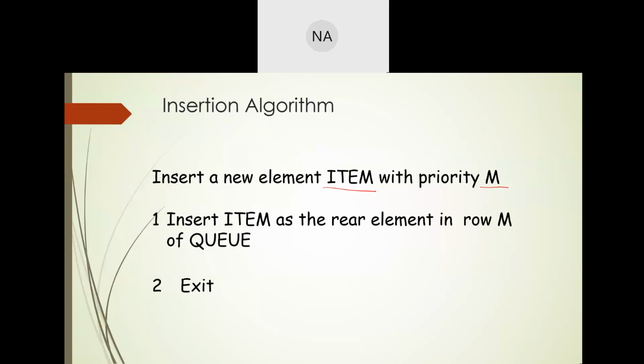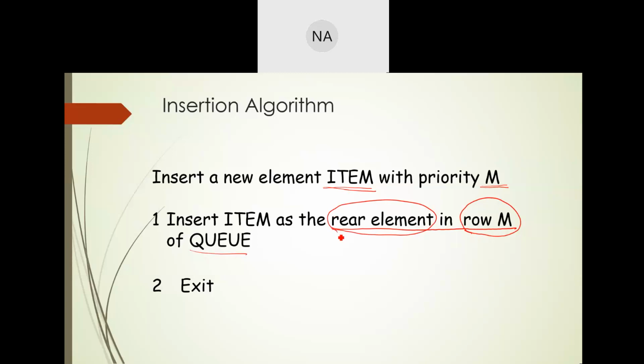So to insert a new element with value item and priority m, you insert that item as the rear element in row m of Q, where Q is the two-dimensional array. You first go to the mth row and insert the new element as the last element.